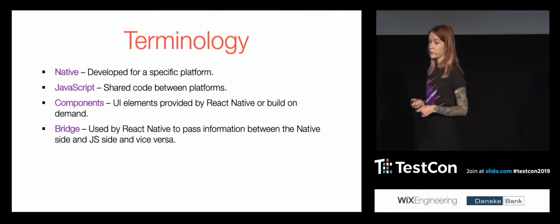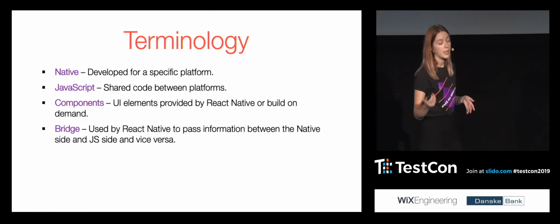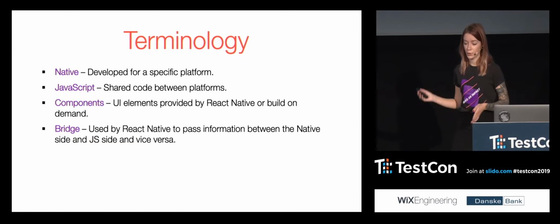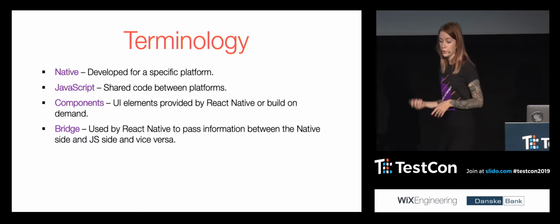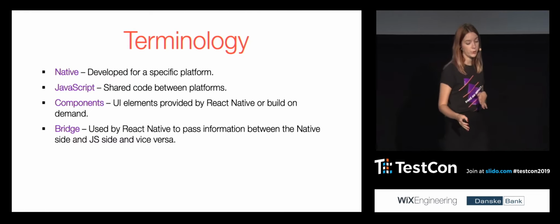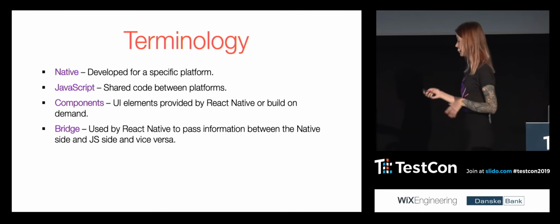And some of these you might know if you have ever had any experience with HTML. These elements are like view, text, list, or whatever else. And then we have bridge, which is asynchronous, and it's used by React Native to communicate between native and JavaScript side, and vice versa, from JavaScript to native side.